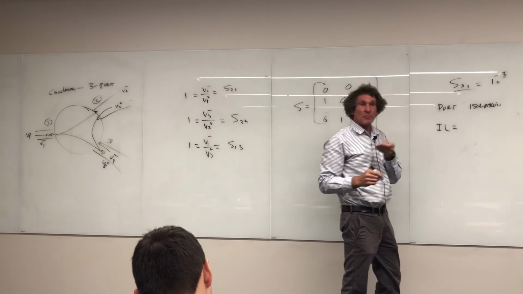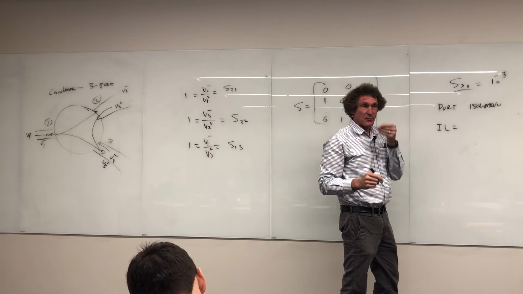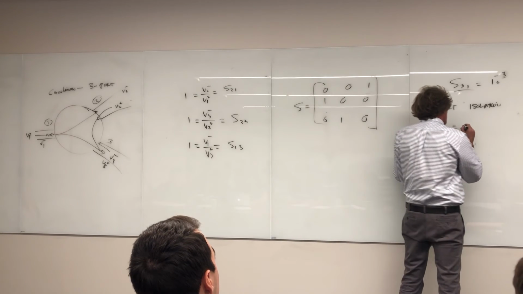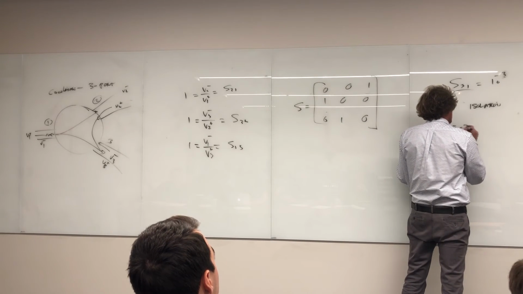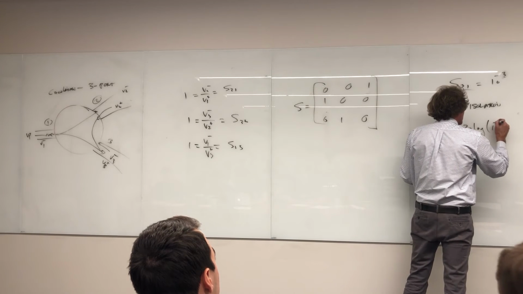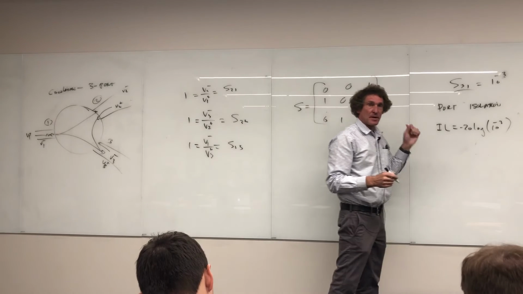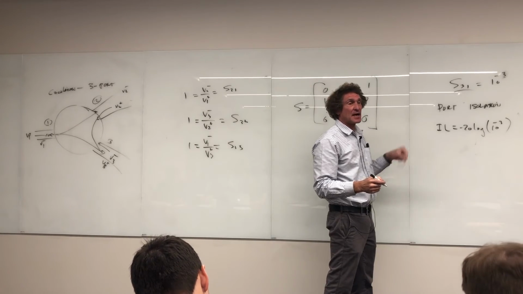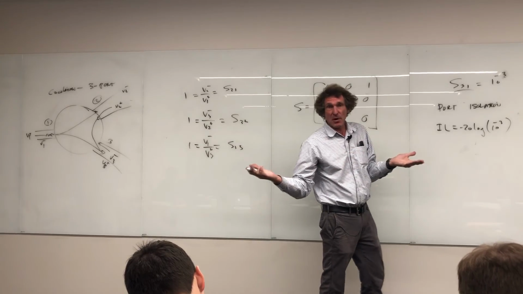So the S31 would be the isolation loss on 3,1. All right, follow me? Coming in 1, coming out 3. And it's actually minus 20 times the log of, and in this case it would be 10 to the minus 3. Follow me? Now, remember it's voltage, so it's 20 log. The minus sign is just put there so it'll give us a positive value.